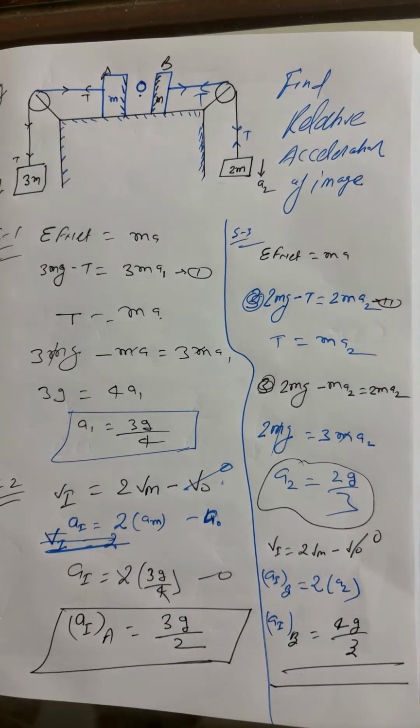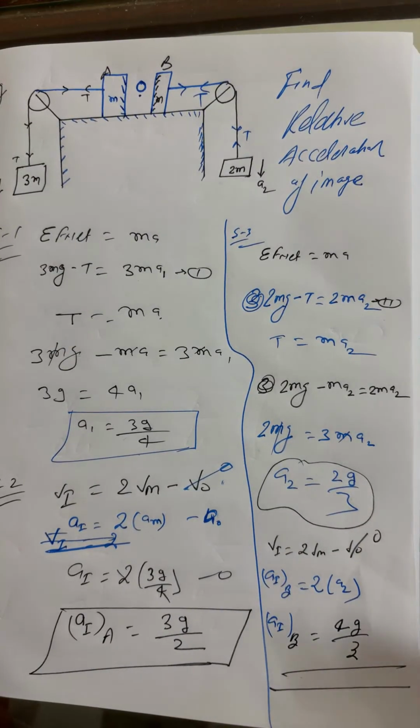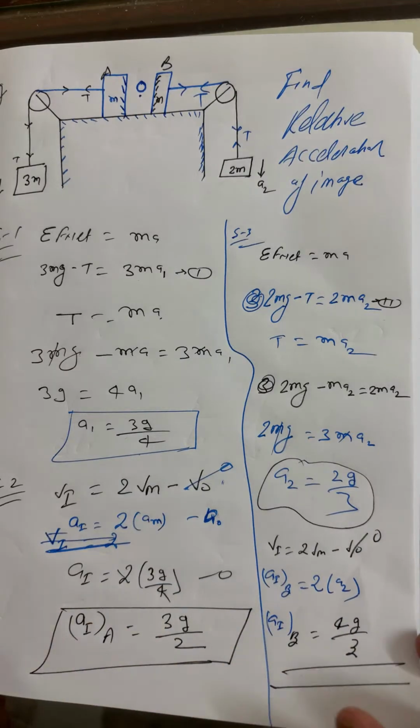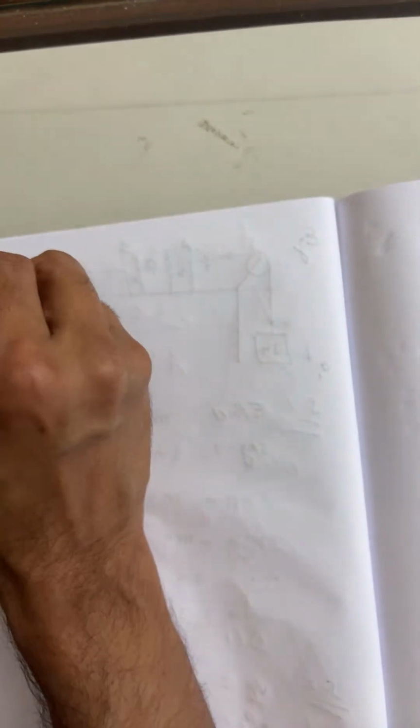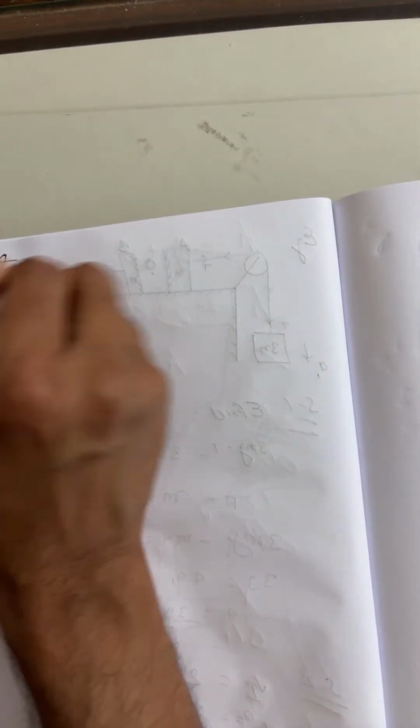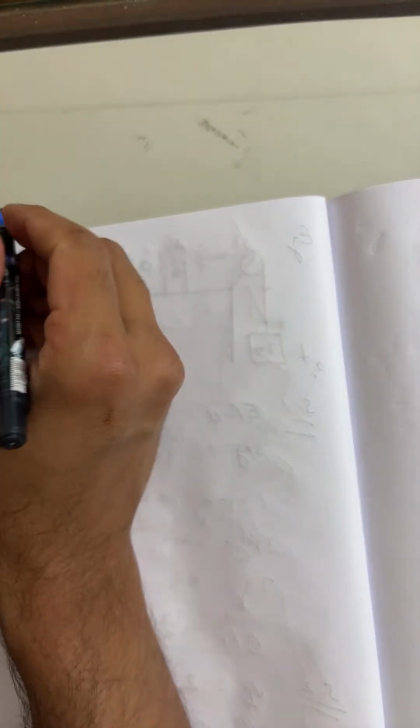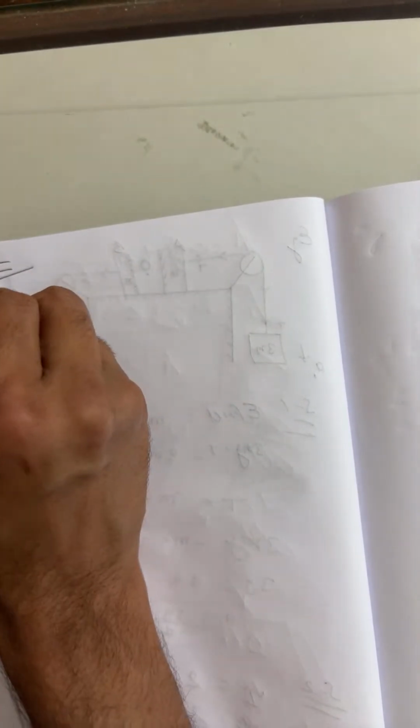To get the relative acceleration, simply apply the formula a1 minus a2, or 2 minus 1, whatever. So finally, this is the last part of the question. What can I write for this condition?